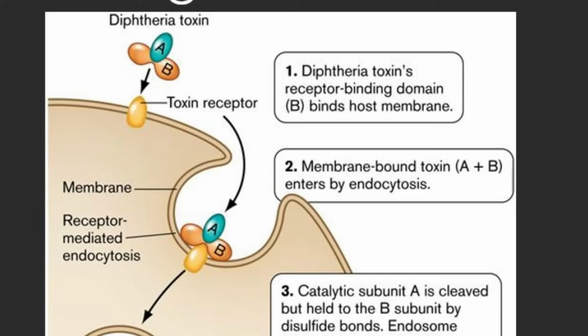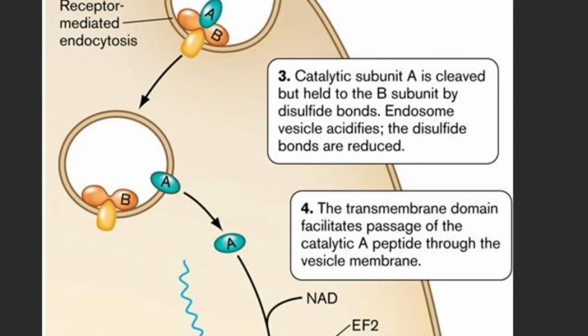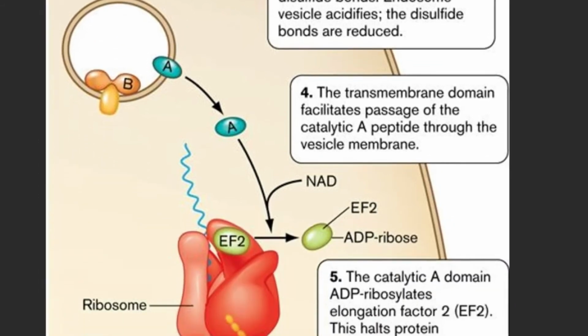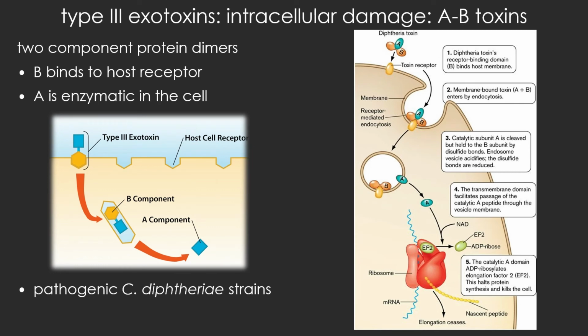The way that toxin works is to bind to different host cells, and it uses that B portion to bind, which causes it to be endocytosed, and then the A portion goes in and affects the way that translation of proteins occurs. Because it's able to halt protein synthesis in the cell, it kills the cell.